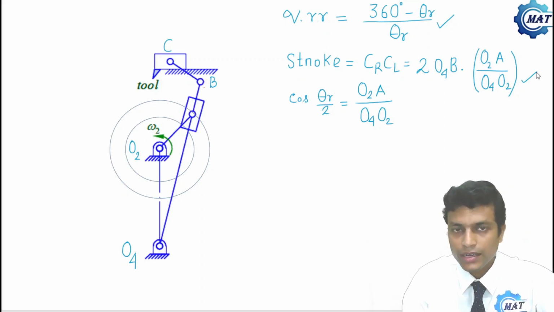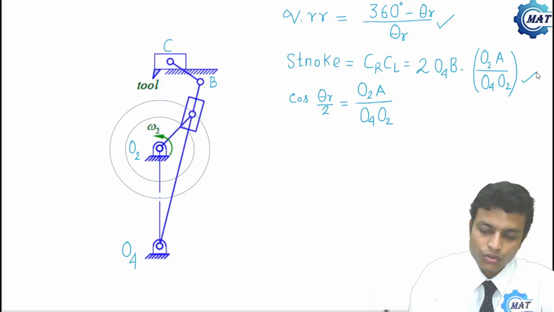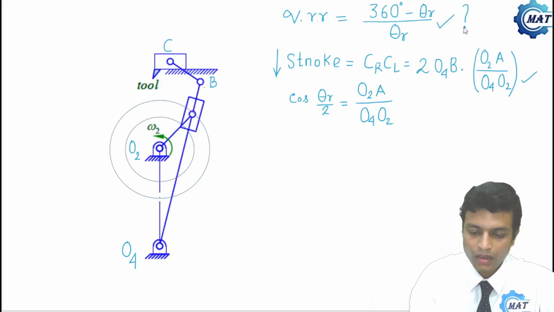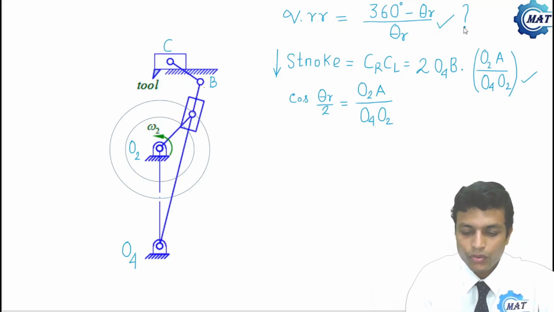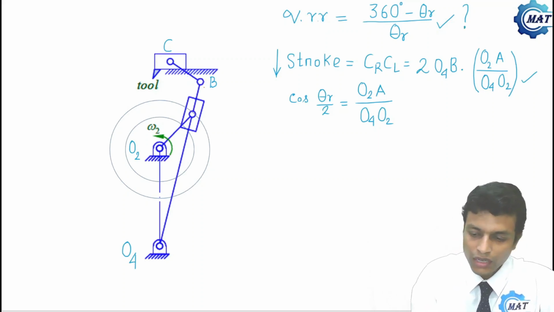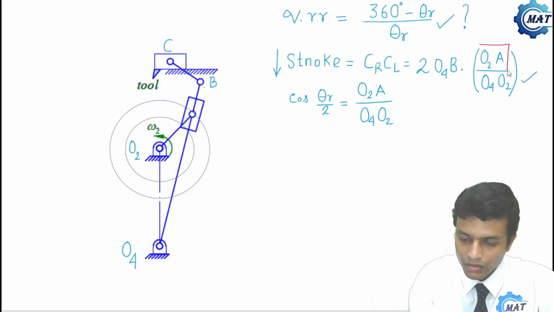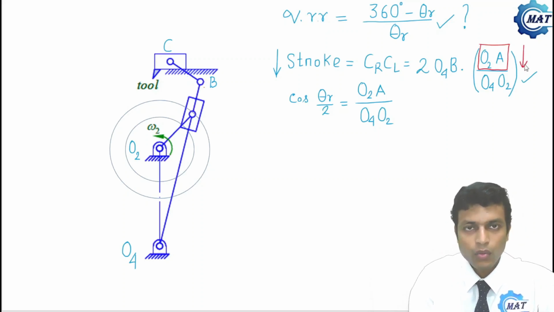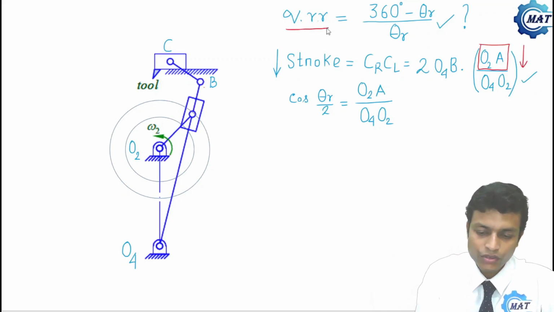Now the question is that if we want to reduce the stroke for a small job, then what happens to the value of quick return ratio? The conventional way to reduce the stroke is to reduce the length of the crank, that is O2A. And let us see what happens to the value of quick return ratio if we reduce O2A.